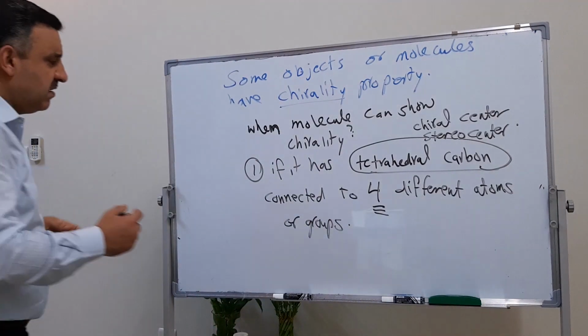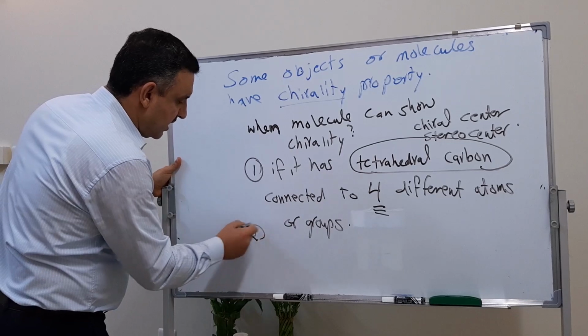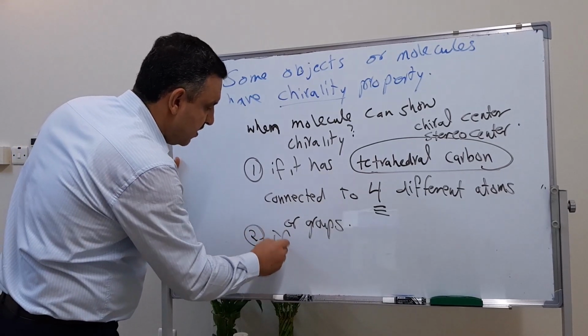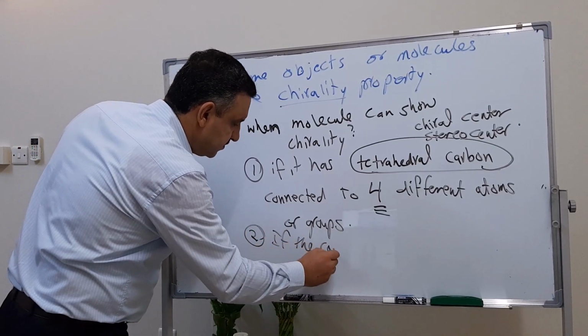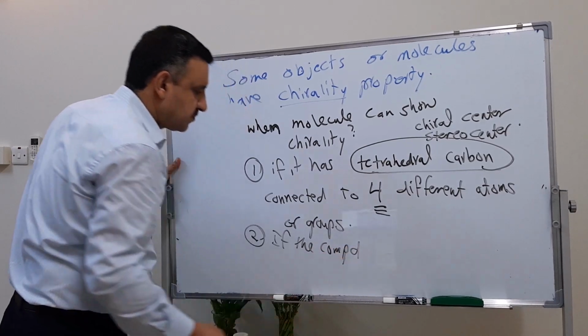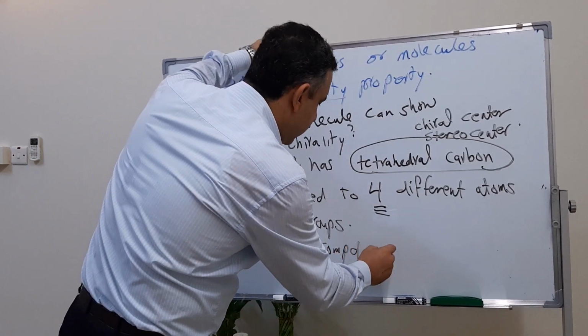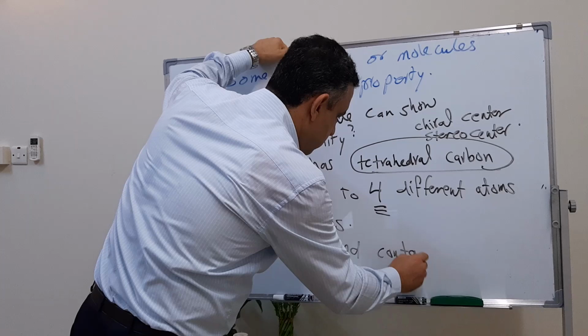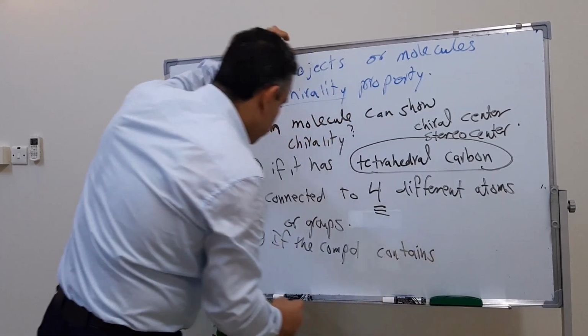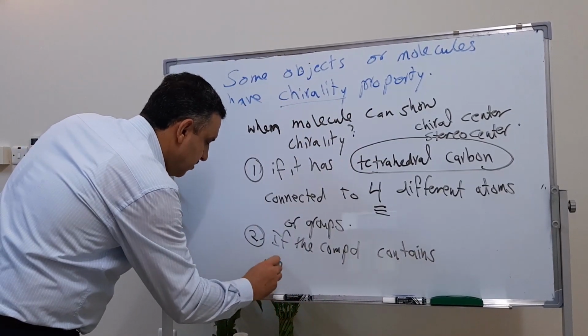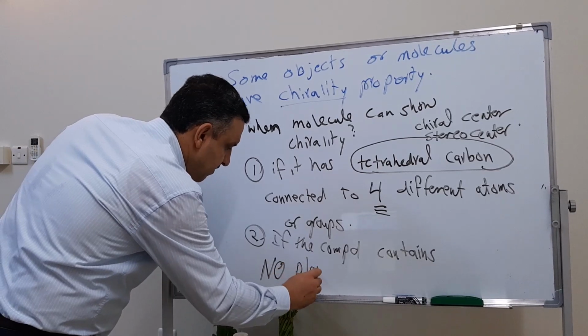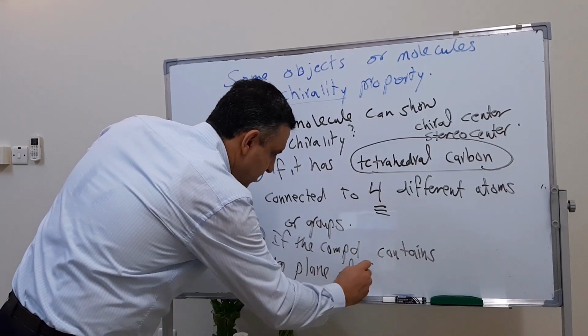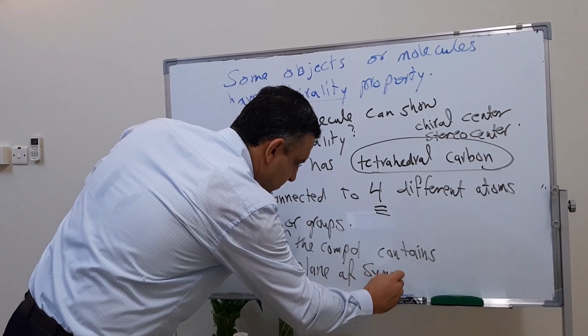The other method is if the compound contains no plane of symmetry.